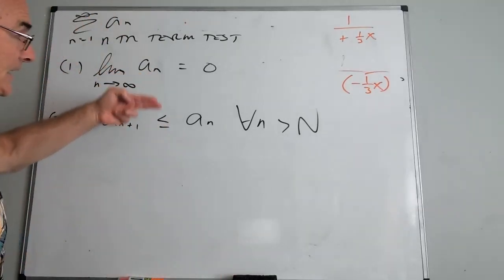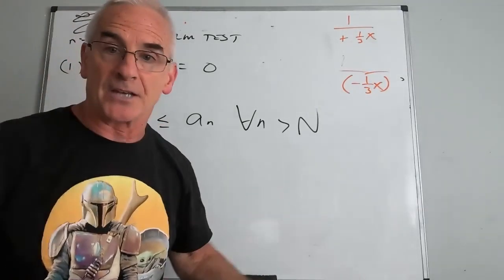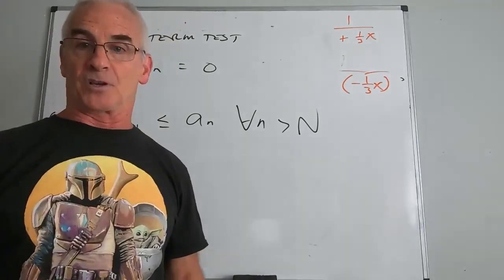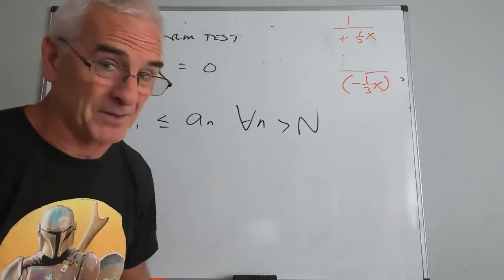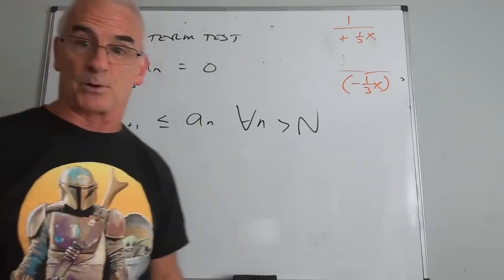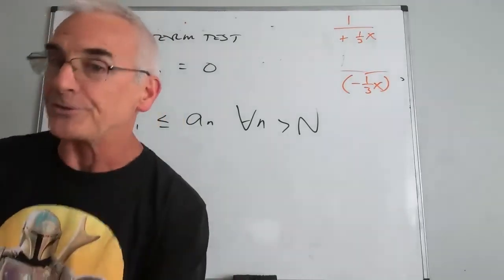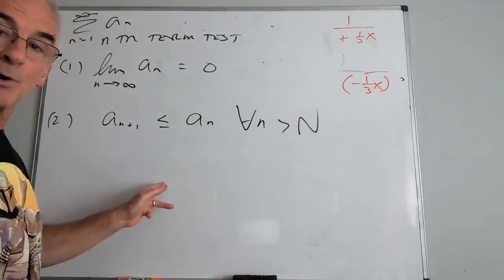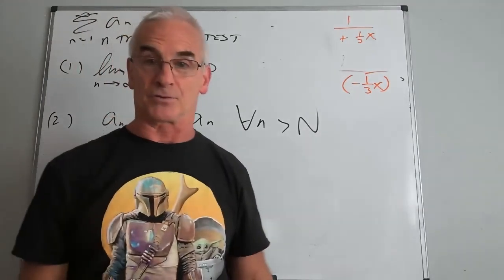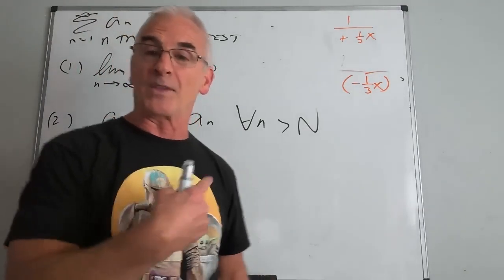If I fail either one of these, I diverge, doesn't matter anything else that goes on in life. If I pass both of these, it doesn't mean I have convergence. The harmonic series passes both of these. But in an alternating series, if my non-alternating passes both of these, I'm guaranteed at least conditional convergence. Remember, that's why this one was so important.